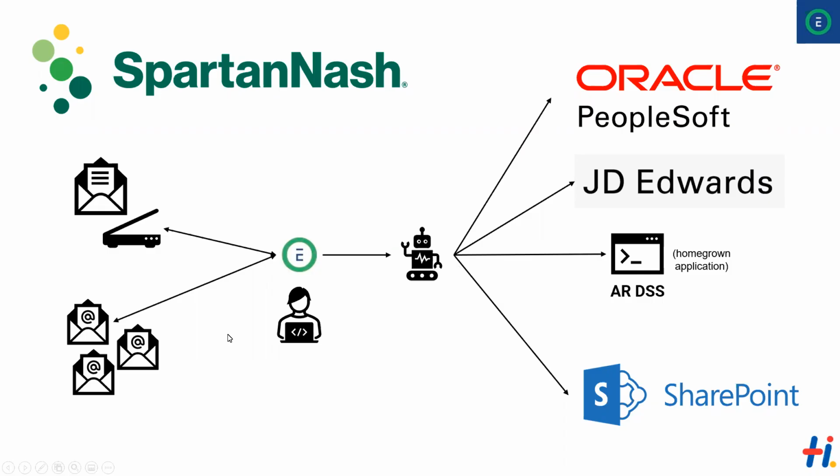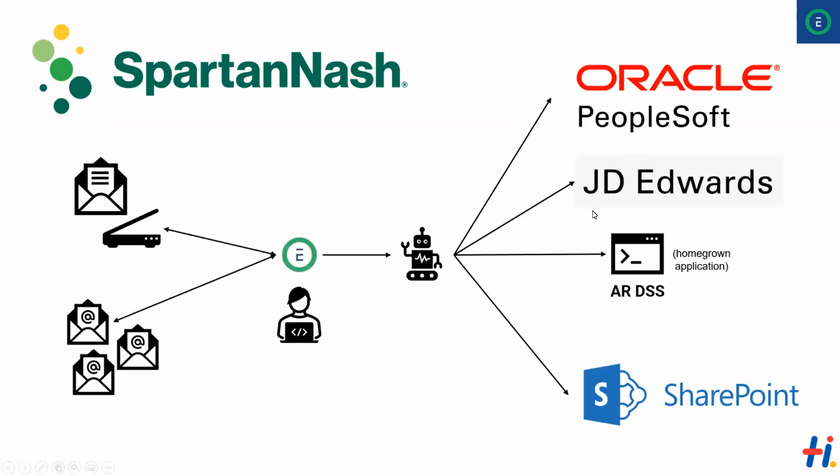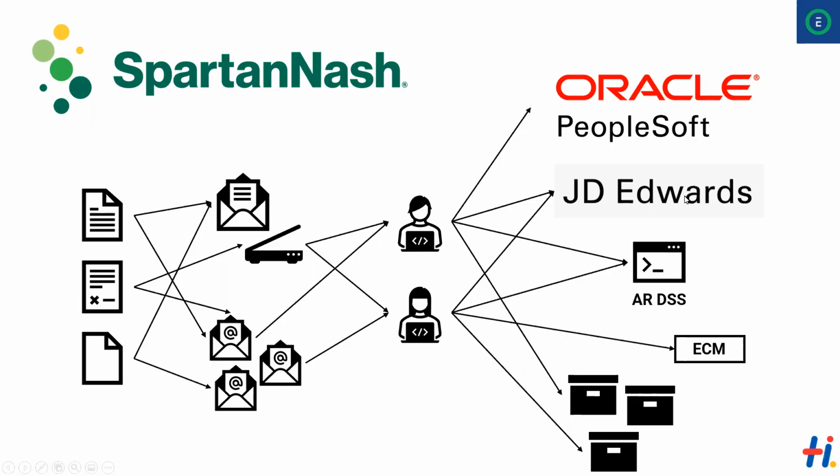Something I wanted to make sure we address really quickly before diving more into what was actually implemented is something that struck me while you were speaking, Anila. Like you said, SpartanNash has grown through mergers and acquisitions, and you have a combination of large companies merging with multiple ERP systems.